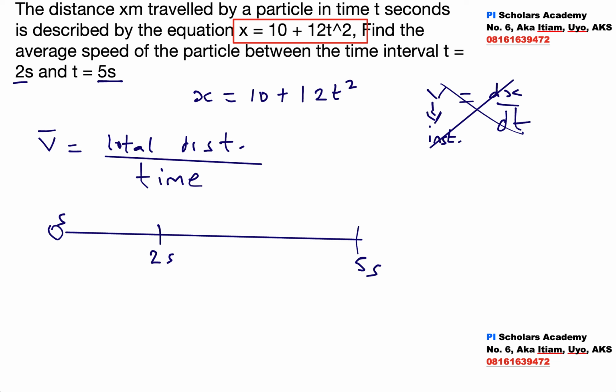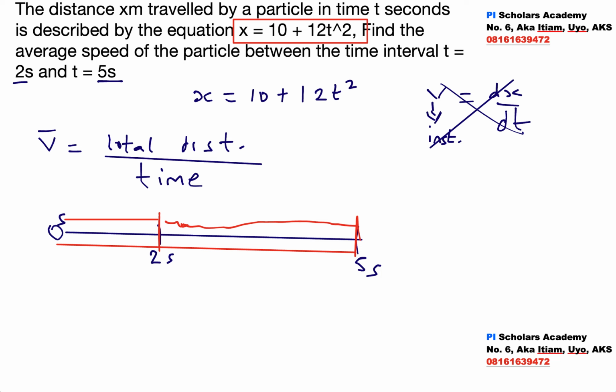If you know the distance covered from 0 to 2 seconds, and the distance covered over the entire 5 seconds, the average speed we are looking for is that of the particle between 2 and 5 seconds. So if you subtract the distance covered over the short time from the distance covered over the long time, you get the total distance covered in this window. That is exactly what we're going to be using here.